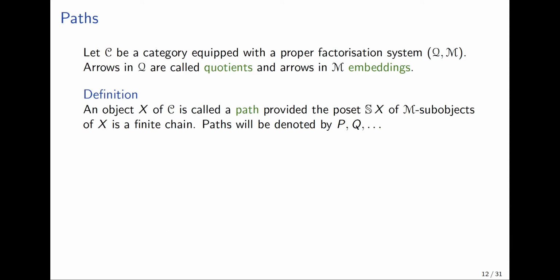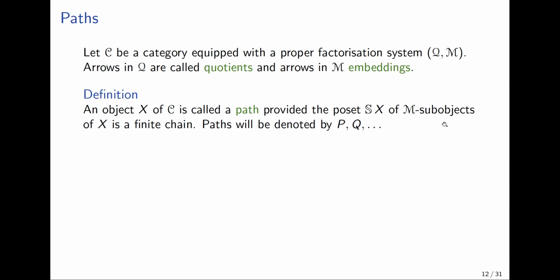So we start with a category C with some proper factorization system (Q, M). What this means is that it is an orthogonal factorization system in which the class of quotients, the Q morphisms, is contained in the class of epimorphisms, and the class of embeddings, the M morphisms, is contained in the class of monomorphisms.